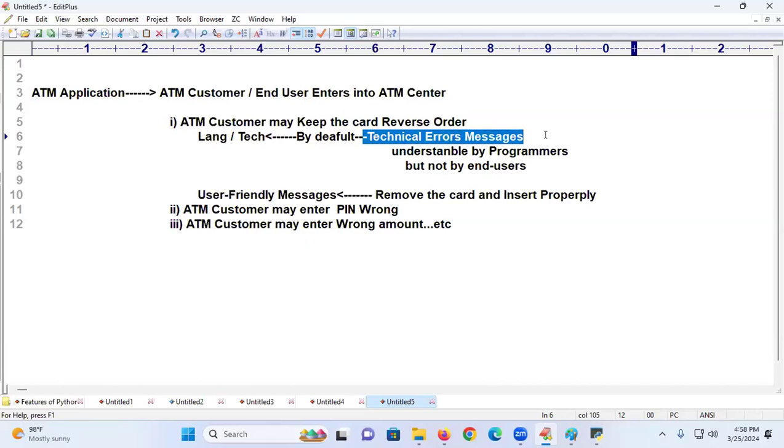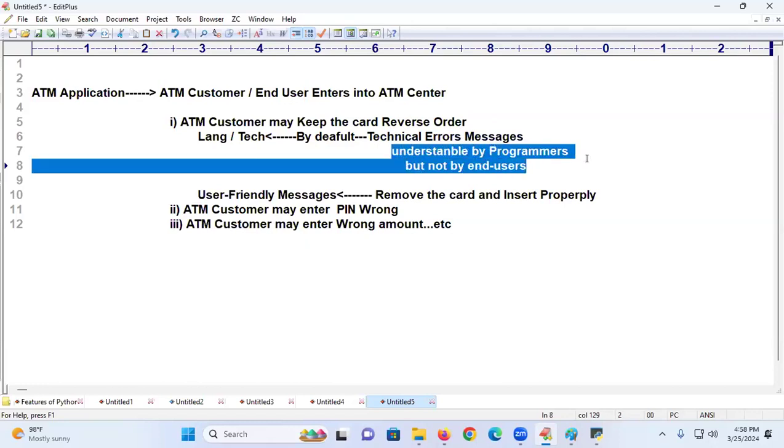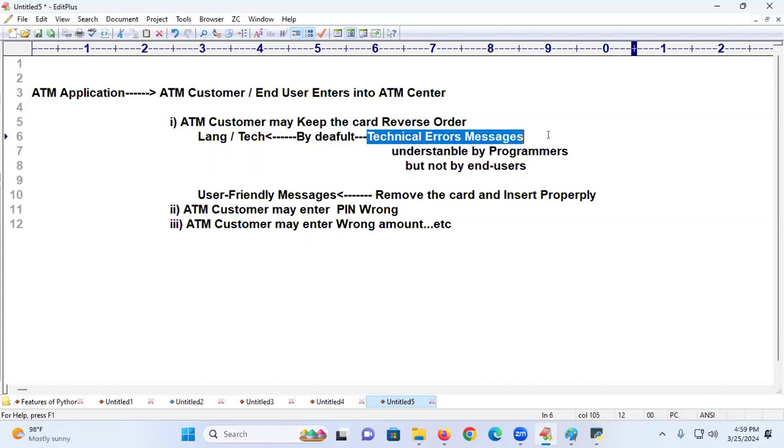That will be understandable by whom? But not by whom? Is that process recommended? No. All software projects in real time are giving which message? So definitely you have to convert what to what? Technical error messages to be converted into what? User-friendly error messages. That is done by the concept of exception handling.